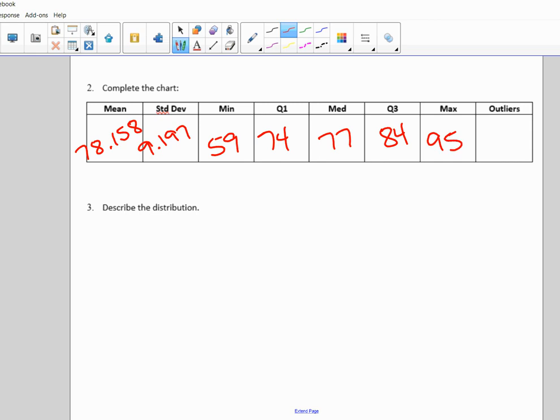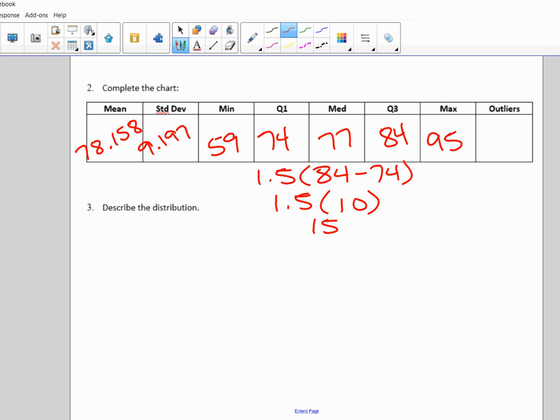All right, now we're going to test for outliers, okay? I have to do my 1.5 IQR test, right? So I'm going to do 1.5 times Q3 minus Q1, right? So this one will be easy, right?